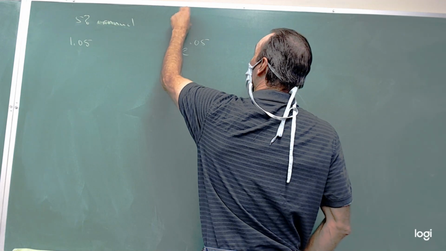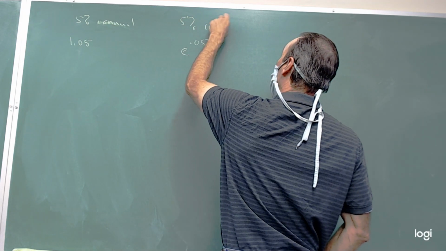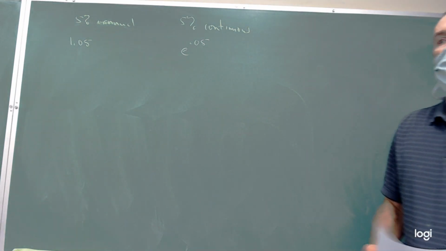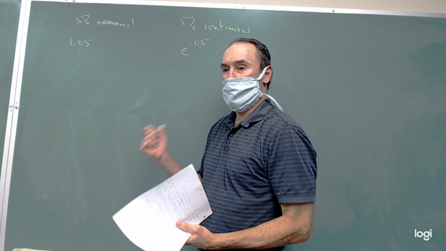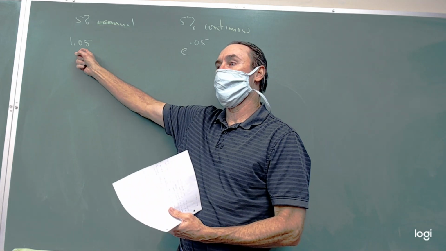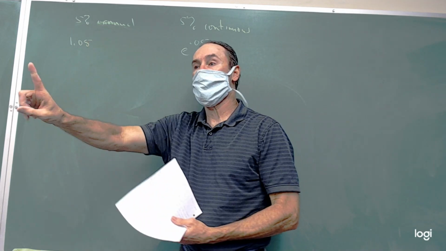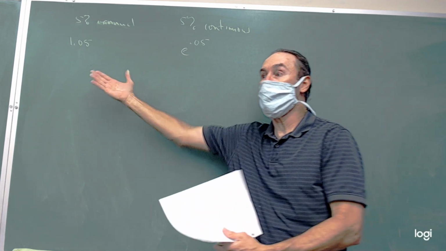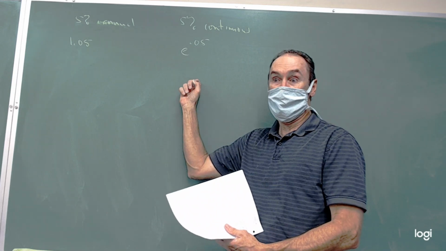This is 5% continuous. They are not exactly the same. They're really close, but what would you expect to be more? Think about compound interest. This is compounded how many times a year? Once. This is compounded how many times a year? An infinite number. Which is going to be bigger? This should be bigger, right?